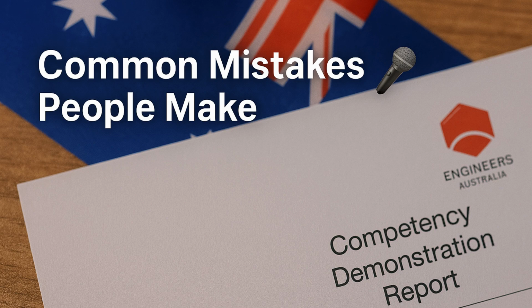Using a copied template, writing in the third person instead of using I did this, especially in the first person, not explaining your personal role in a team project, submitting career episodes with too much theory and not enough practical applications, failing to map the summary statement properly, and the biggest one, plagiarism. Even one person's copied text can get your entire application rejected.